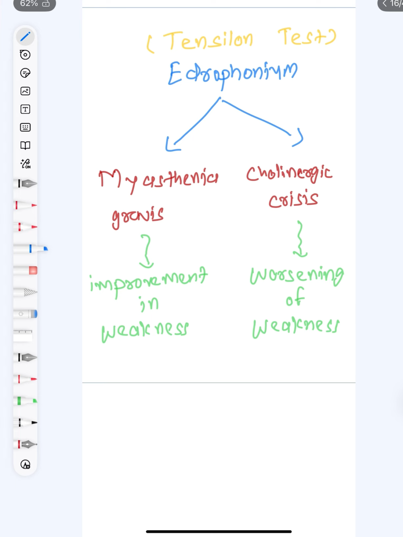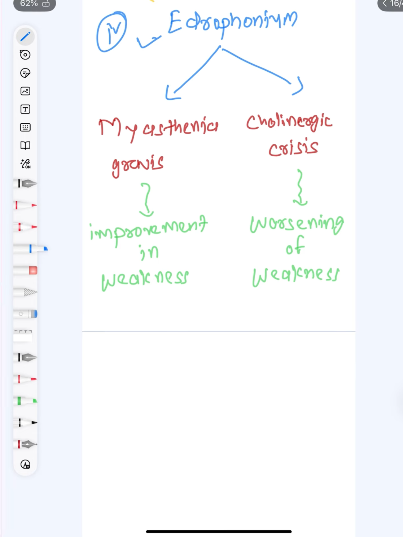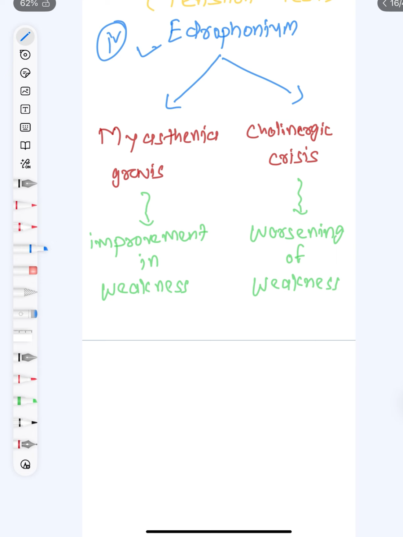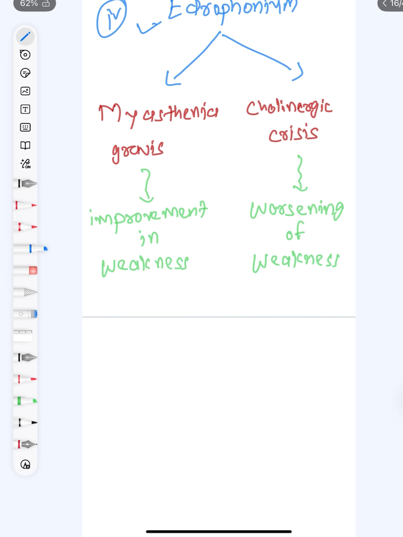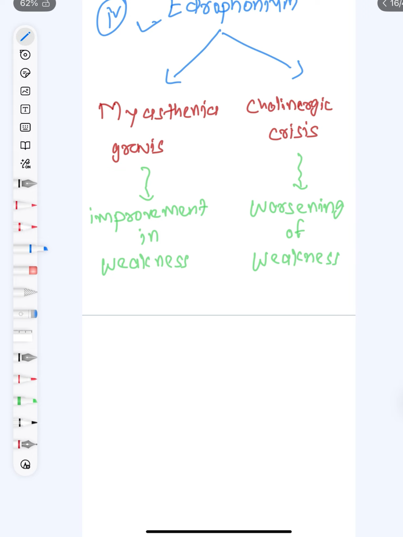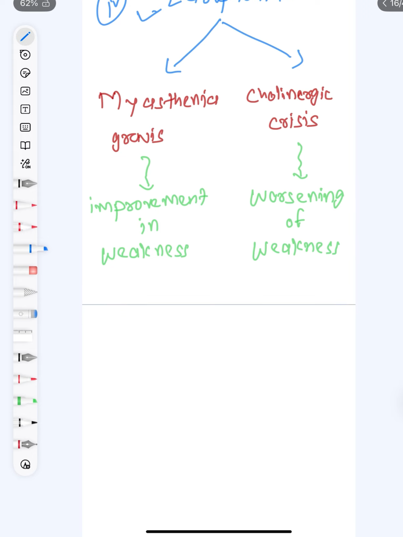In the Tensilon test, we give Edrophonium IV. Okay, so Edrophonium is a short-acting acetylcholinesterase inhibitor. So in Myasthenia Gravis, receptors are lost, but some receptors are still available.